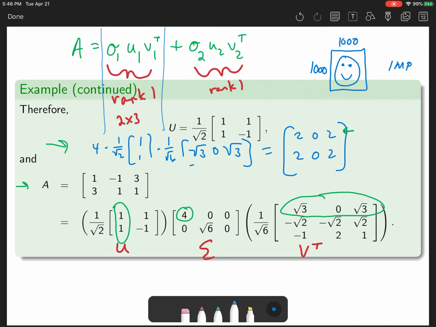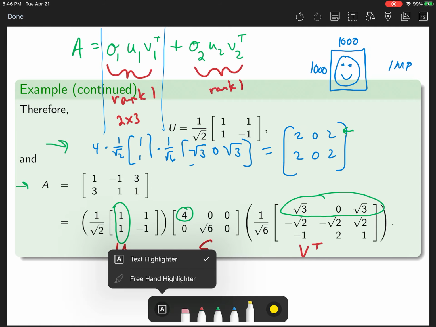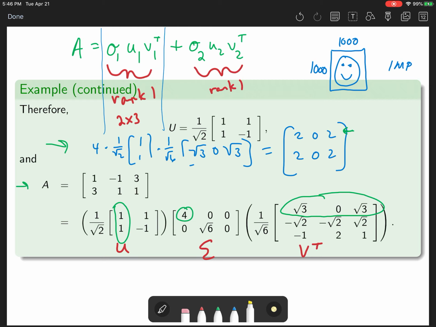So a rank 1 approximation of an image would be pretty garbage. That means you'd have 1 column vector's worth of information, 1 row vector's worth of information, and 1 singular value, which basically means you'd get, I don't know, a set of streaks of various shades of gray.